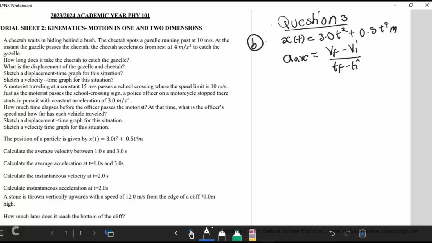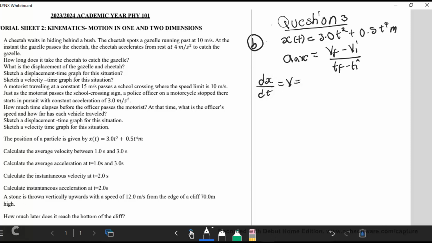So if you have that, what are you supposed to do exactly? In this situation, you have to calculate the velocity. Here it's the displacement, so how are we going to find the velocity? We have to differentiate this equation to get velocity. If I say dx over dt, it will give me velocity.